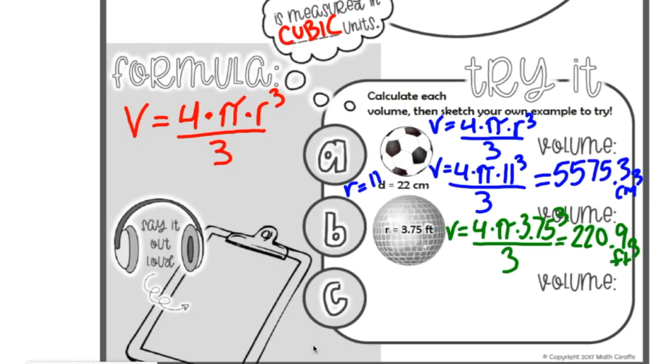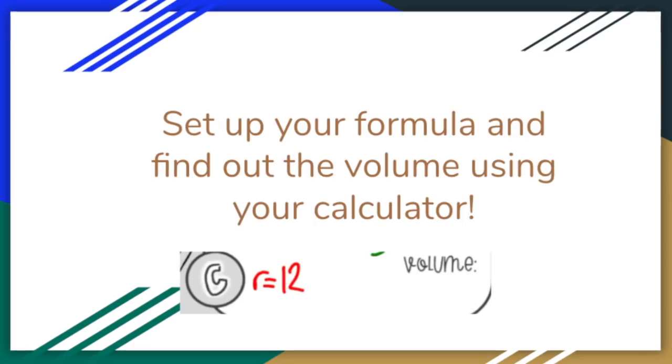And finally, for C, I will give you your radius, and you need to find the volume of that sphere. Plug your radius into this formula. Use your calculator and let me know, show your work, where do you plug it in, and then give me the volume.